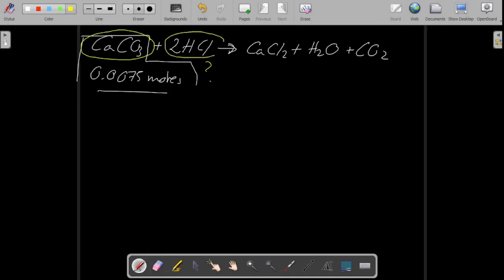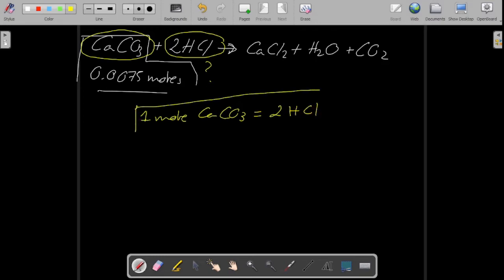How are they related? According to the formula. The formula says that 1 mole of calcium carbonate will react with 2 moles of hydrochloric acid. That's how the recipe reads. Nothing here means 1. It's implied. So for each mole of calcium carbonate, you can neutralize 2 moles of hydrochloric acid.